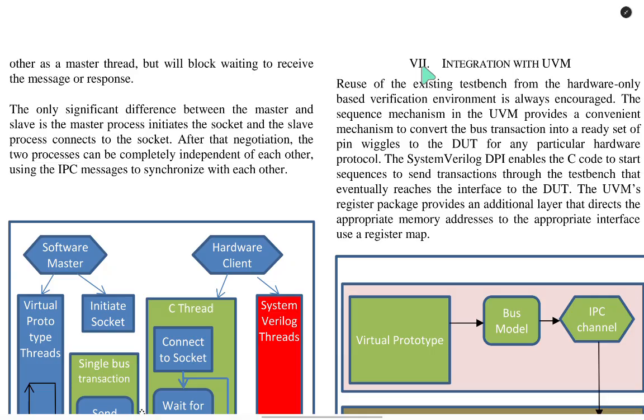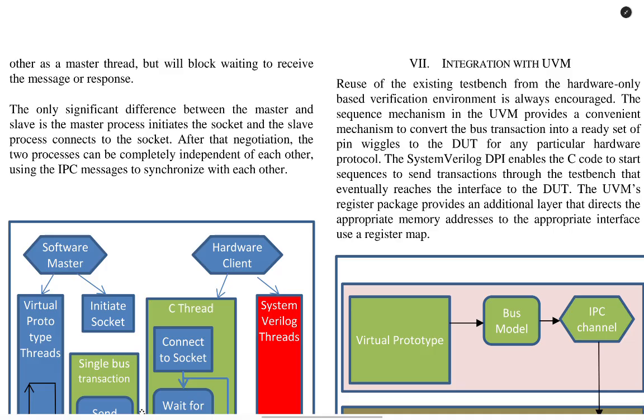Chapter 7, Integration with the UVM. The use of the existing test bench from the hardware-only based verification environment is always encouraged. The sequence mechanism in the UVM provides a convenient mechanism to convert the bus transaction into a set of pin wiggles for any particular hardware protocol.